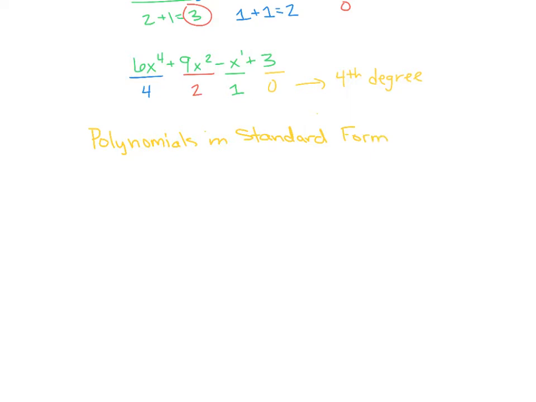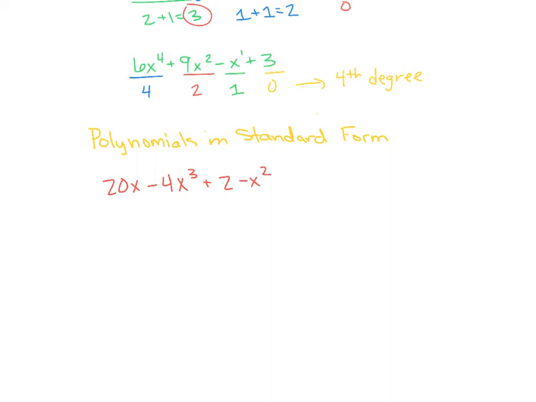Okay, what that means is they want you to write your polynomial from the term with the greatest degree to the term with the least degree. So they're going to give you something like this: 20x minus 4x cubed plus 2 minus x squared.